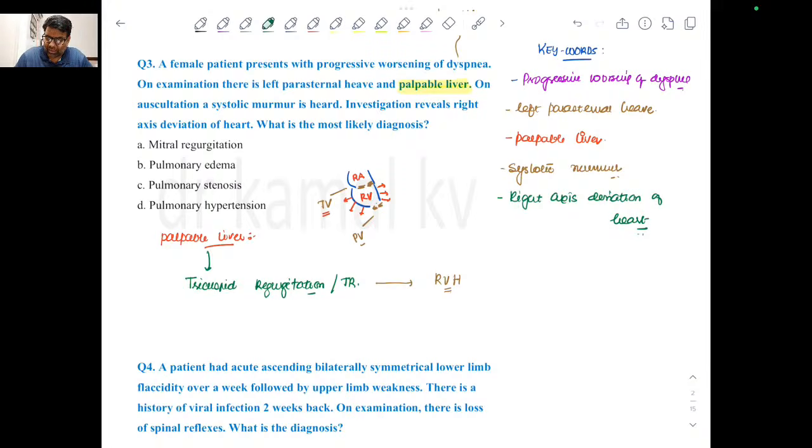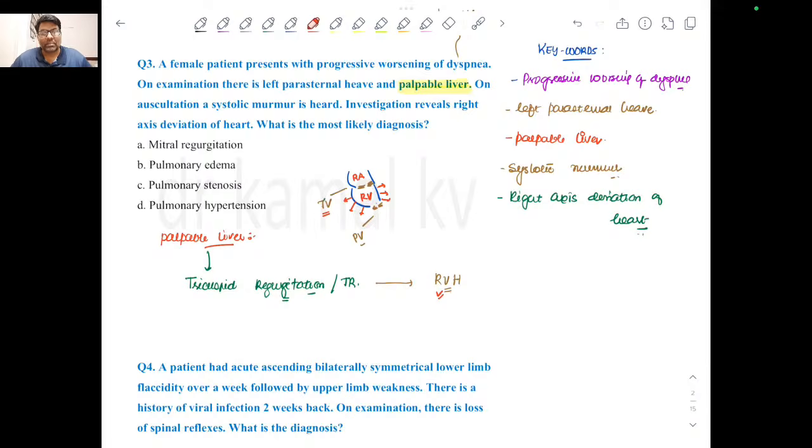So although there is no pathology of the tricuspid valve as such, just because of the right ventricular hypertrophy, there is secondarily a functional derangement of the tricuspid valve, and that has resulted in tricuspid regurgitation. So one of the keywords which we have reached up to now is right ventricular hypertrophy.